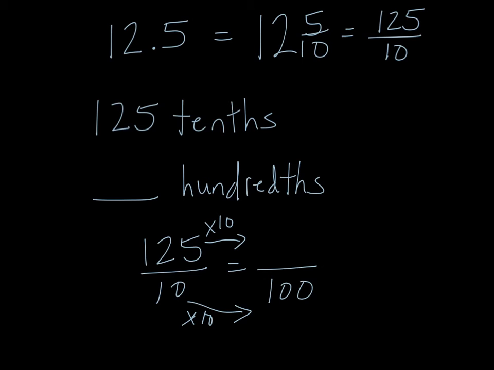So 125 times 10, I know 125 times 1 stays the same, 125. All I'm going to do is add the 0. So that makes it 1,250. So the correct answer to this, in 12 and 5 tenths, we have 1,250 hundredths.